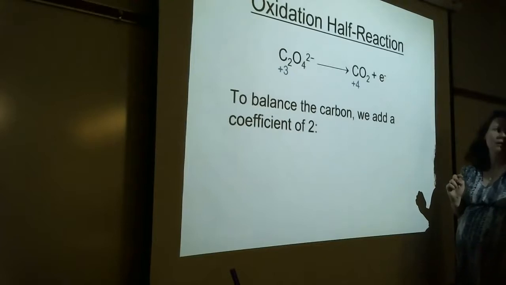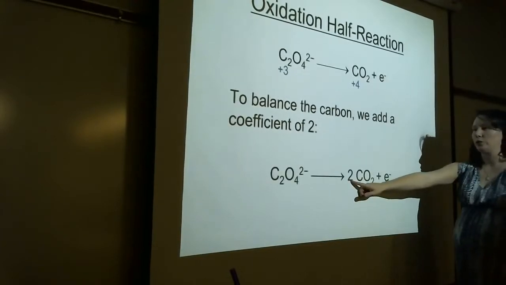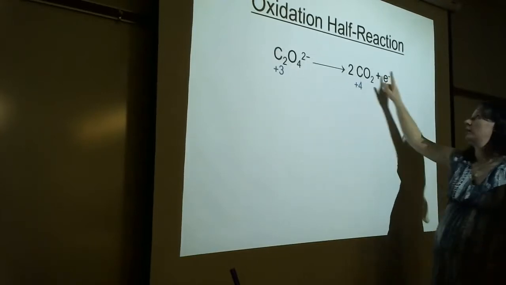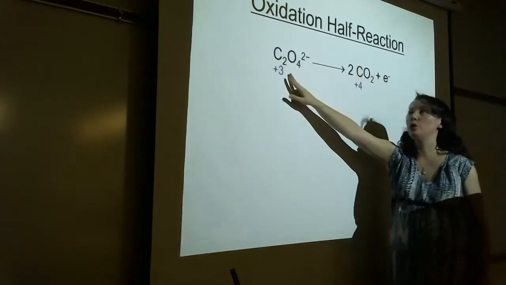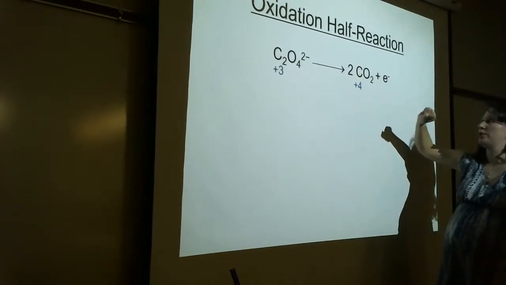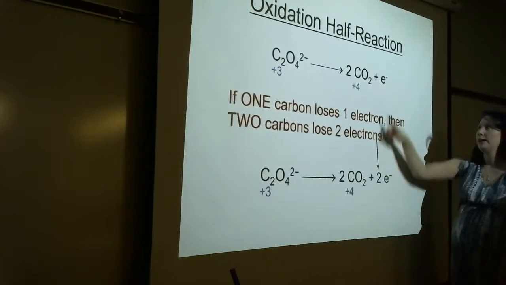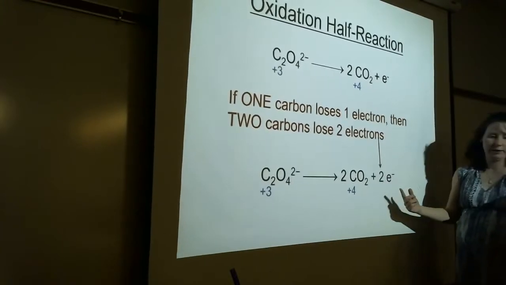Now here's where students make their mistake. If there's a coefficient of 2 here, if 1 carbon loses 1 electron, then 2 carbons are going to lose 2 electrons. Okay? You got to change this from a 1 to a 2. Because think about it.